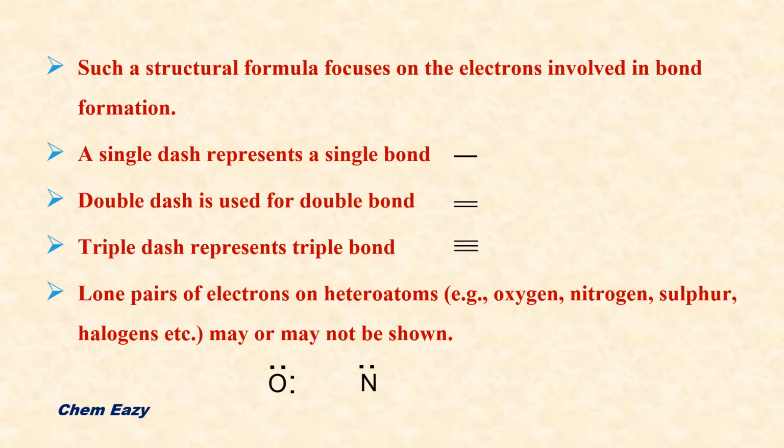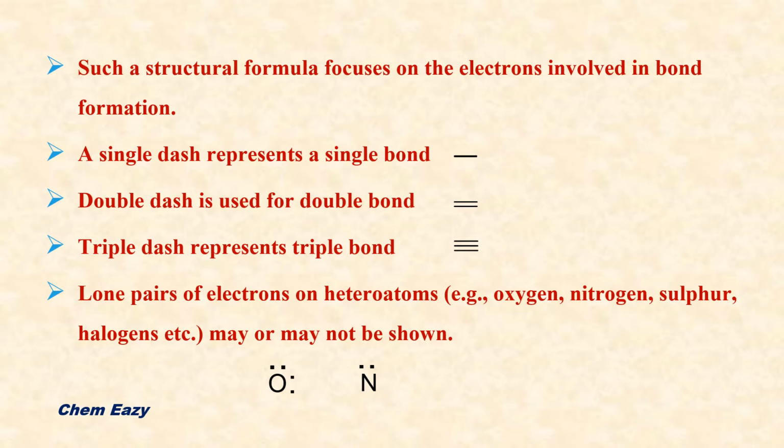As shown here, by drawing a single dash, we can represent a single bond. In the same way, by drawing a double dash, a double bond can be represented, and by means of this triple dash, we can represent a triple bond in the structure.